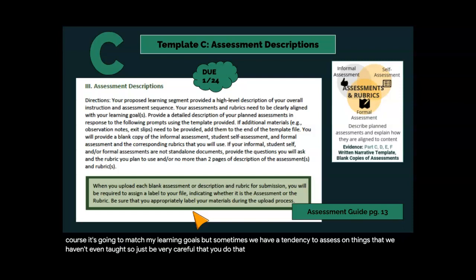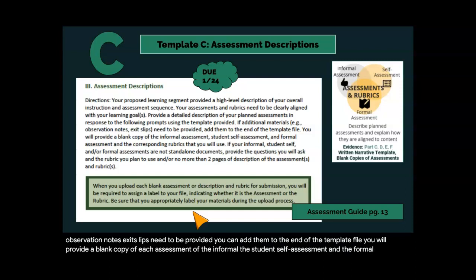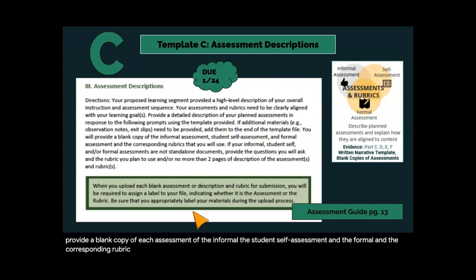Then you're going to provide a detailed description of your planned assessments in response to the following prompts. Those will be on the template, and we'll look at that next. If additional materials such as observation notes or exit slips need to be provided, you can add them to the end of the template file. You will provide a blank copy of each assessment, the informal, the student self-assessment, and the formal, and the corresponding rubric for each.